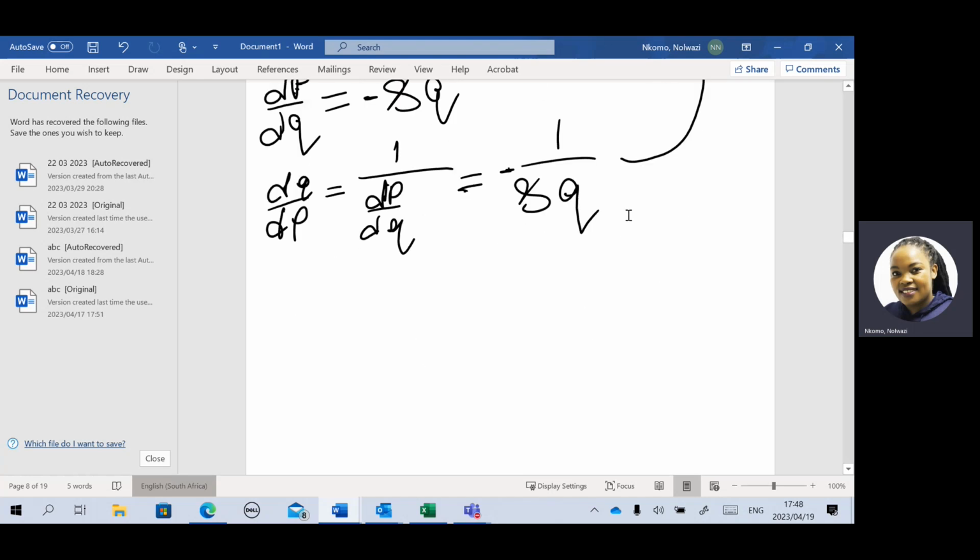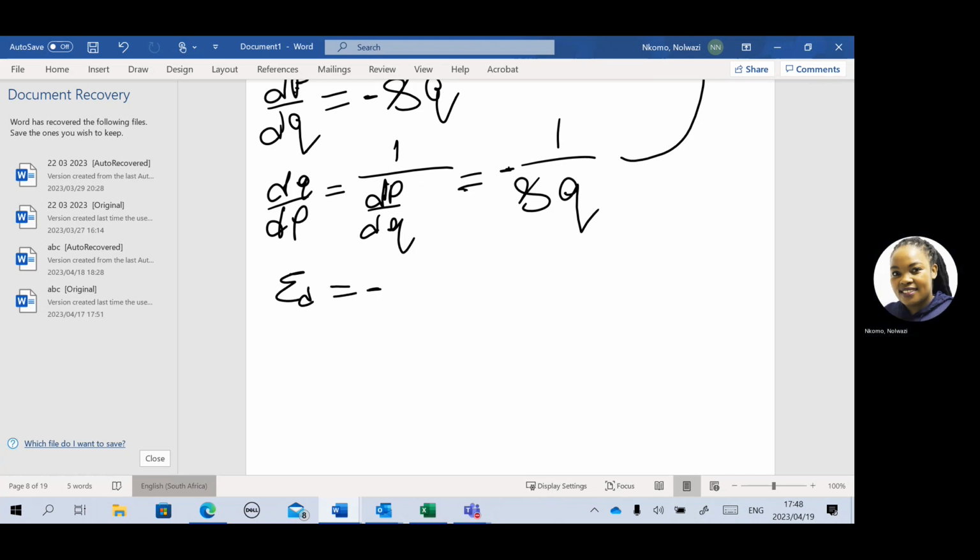We find the elasticity of demand as minus 1 over 8Q times P over Q, right?